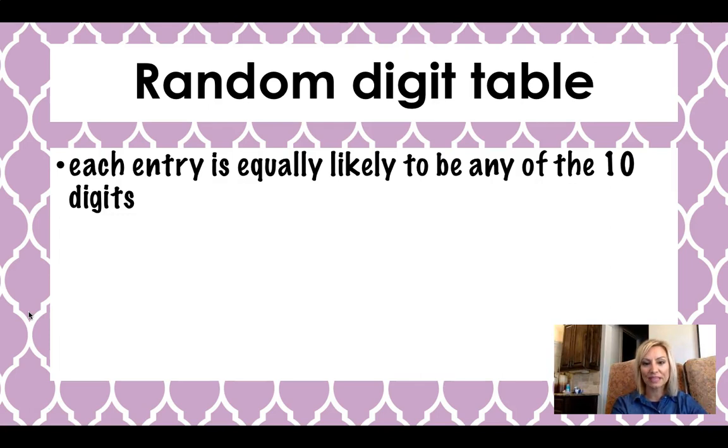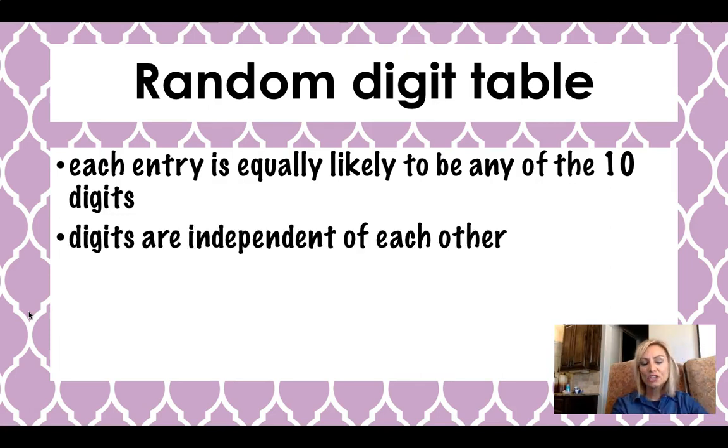Basically, we've randomly selected numbers and we've listed them on a table. Each of the digits are independent of one another, so it doesn't matter that we've already selected a 0. We're not ignoring repeats. We could have a string of zeros or a string of 9s in our random digit table. And then we're going to read numbers from a random digit table in a method that we've described so that we are picking a simple random sample.